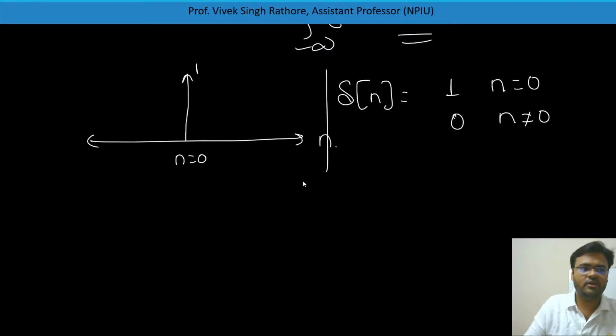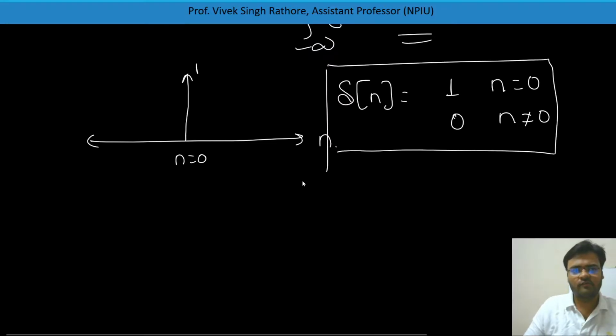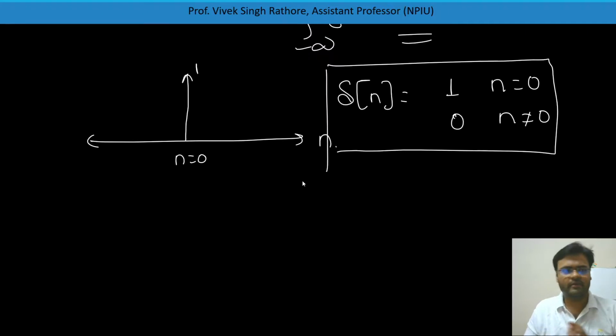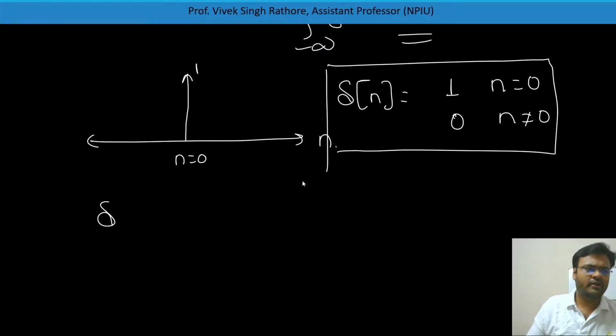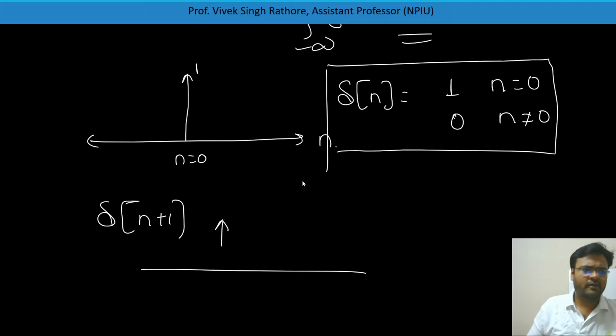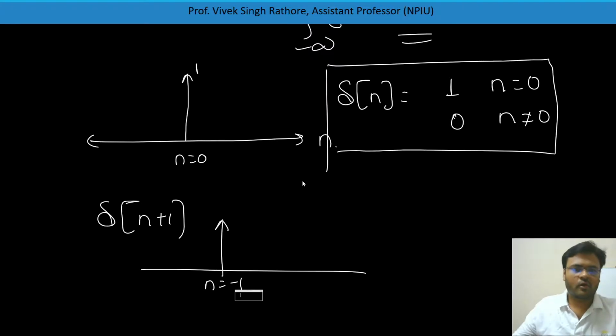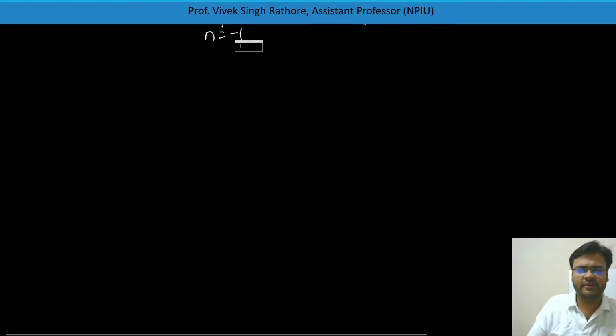This is the mathematical representation of the impulse signal in the discrete time domain. If you want delta n plus 1, it will exist at n equal to -1.